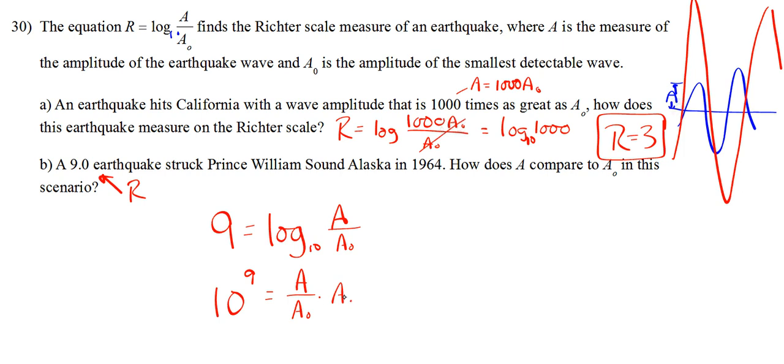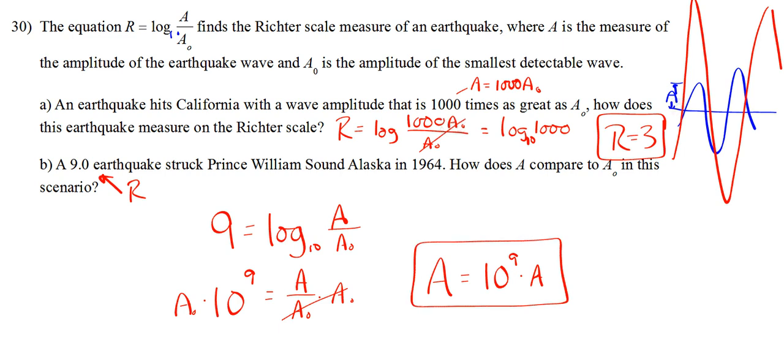If I multiply by A naught on both sides, you'll see that that means that the amplitude of this earthquake is 10 to the 9th times as much as A naught. That's a 10 with 9 zeros. So much bigger. When you talk about a 9 on the Richter scale, we're talking about a huge, huge, huge earthquake.